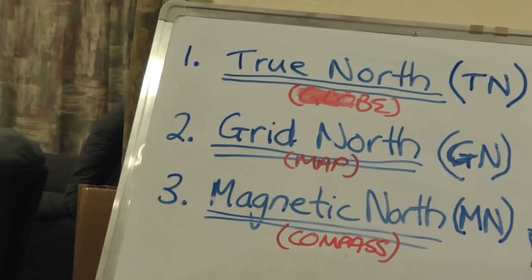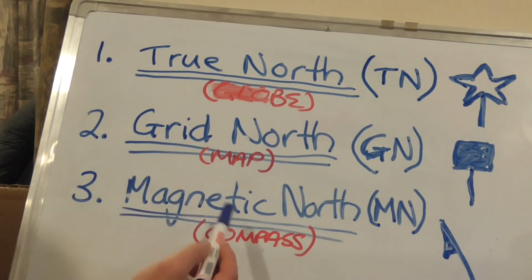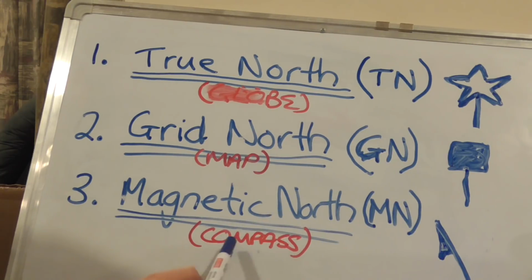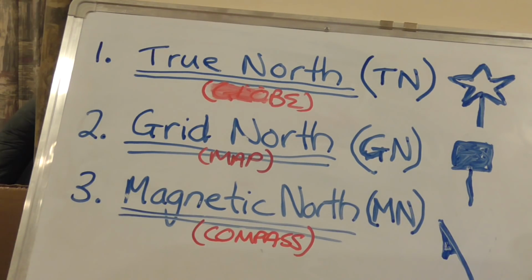That compass there was in what we call degrees, it's just the measurement that we read on that particular compass. So magnetic north is the direction for finding north using a compass. Now, let me just rub this out for a second.